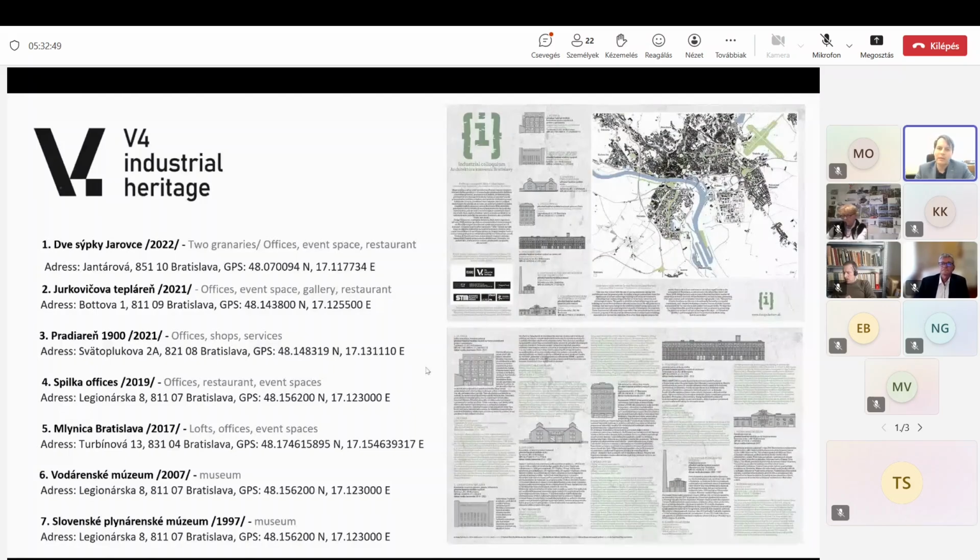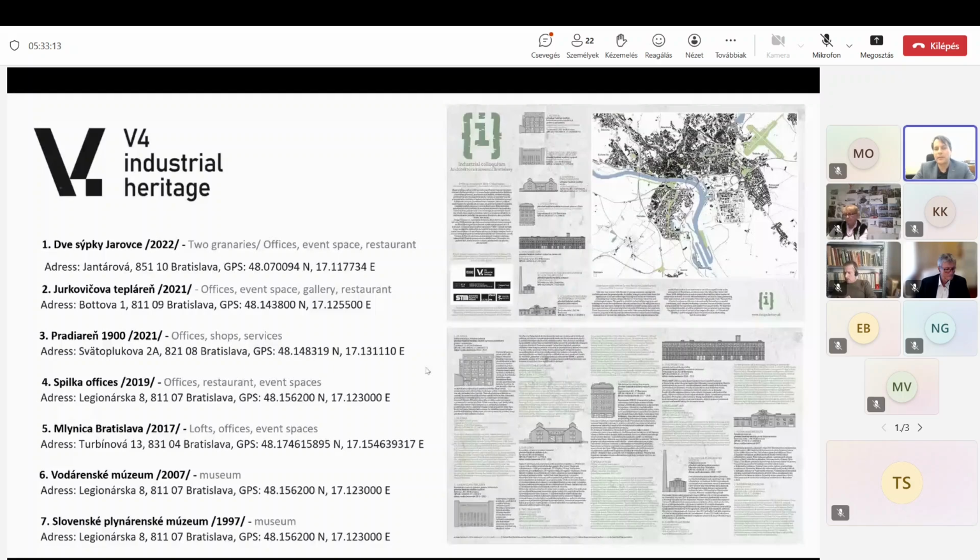People can really visit them themselves and find all the necessary information, with nice sketches from our colleague Helena Bergerova, and graphic design by Eva Belakova.